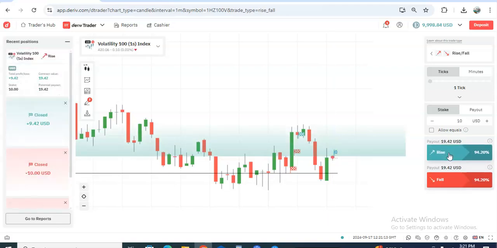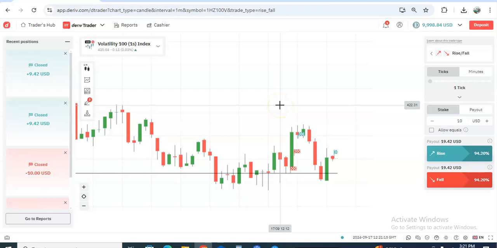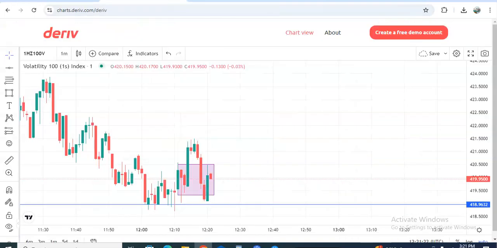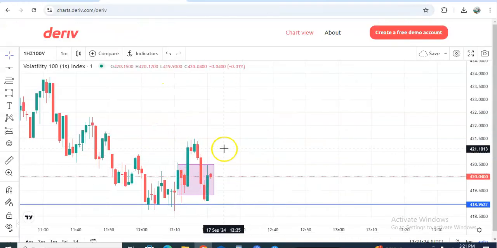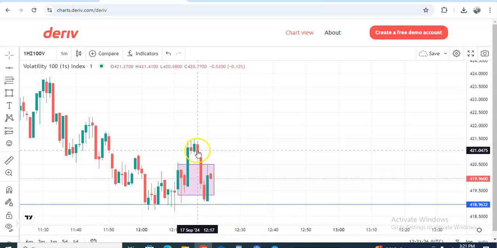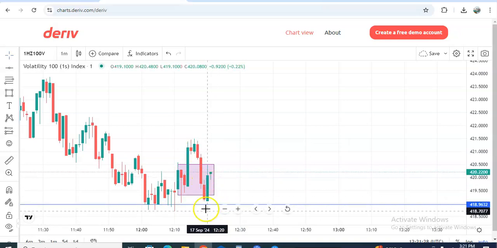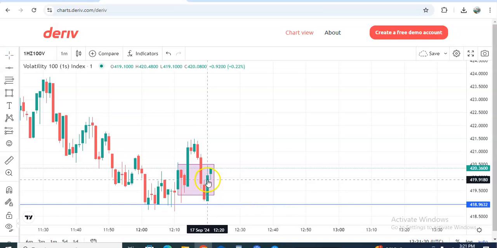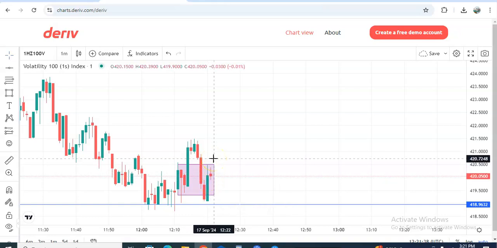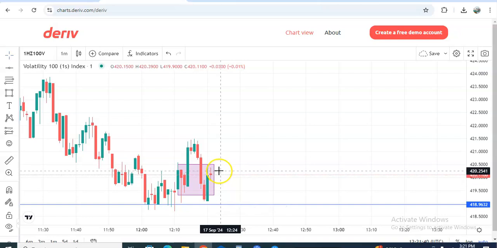I don't know if you guys have gotten that strategy. And if you haven't, let's wait for another entry. So for this one, if you want to wait to enter a fall, as you can see here, it has come back to the head of the liquidity, the last candle here, the gap, and then go up.